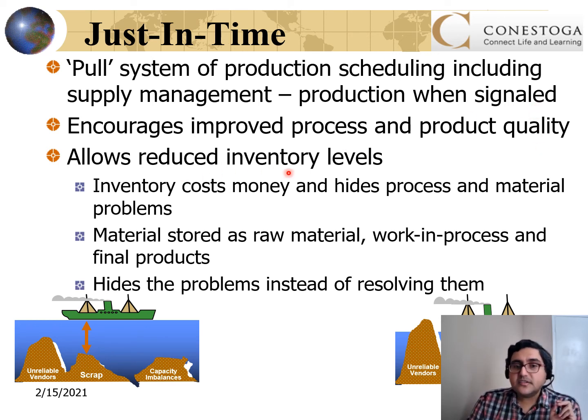It reduces inventory levels, and reducing inventory levels always helps to solve the problems of the company, because when you have lots of inventory, you really do not know what is wrong with your company. So always try to have the just-in-time philosophy, which reduces the inventory levels in the company.